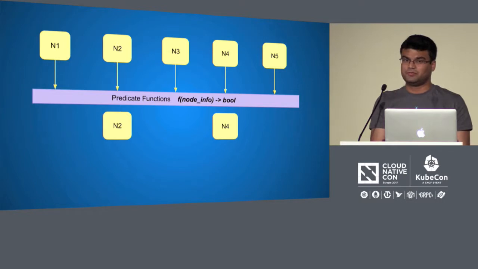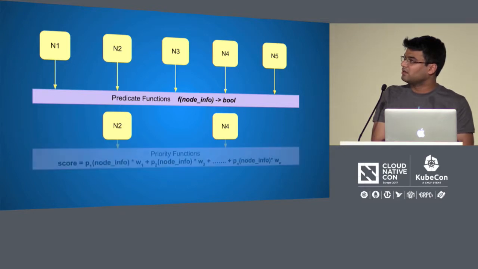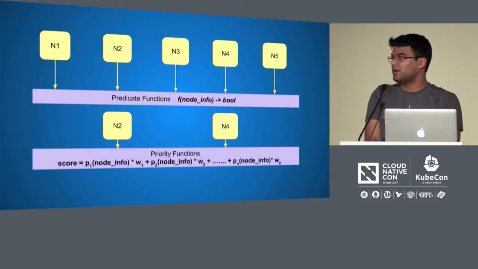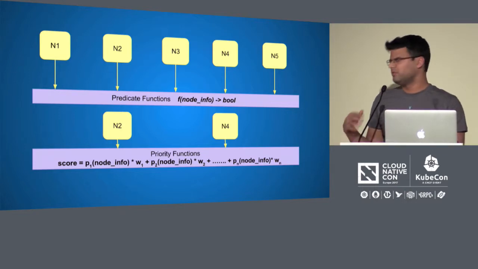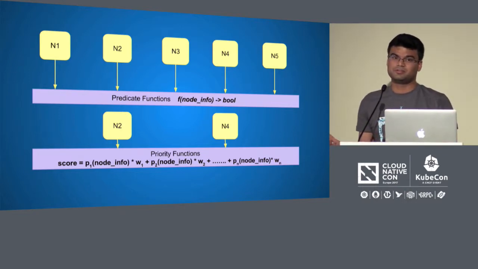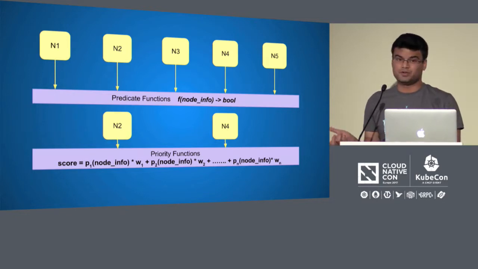This is the first step in the scheduling process, and the next step, as can be guessed, is deciding which among these nodes is a better fit. For that, the scheduler applies certain priority functions to this given set of nodes. Priority functions are pretty much a way of quantitatively saying which node is better suited for that particular container. There are a bunch of priority functions, and each of them returns an integer value.